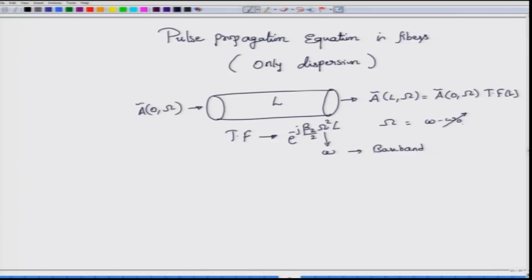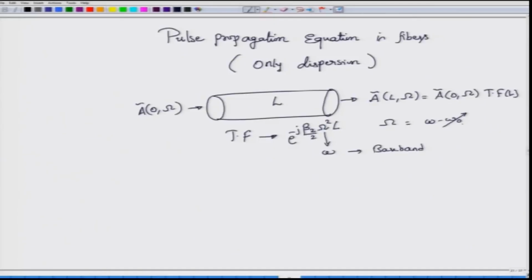I hope this small change from pass band to baseband does not distract from the fact that the transfer function is a complex number. For a given value of L, it depends on beta 2 and omega square, where omega is the different frequency components of the pulse launched into the optical fiber.